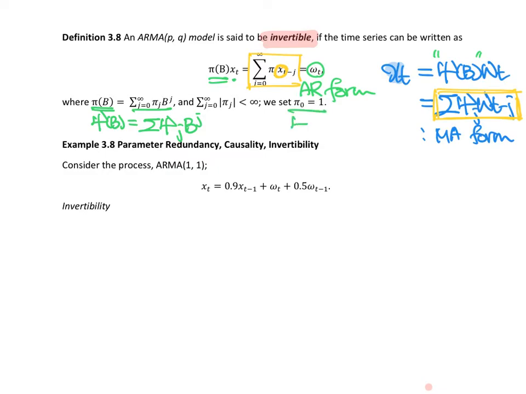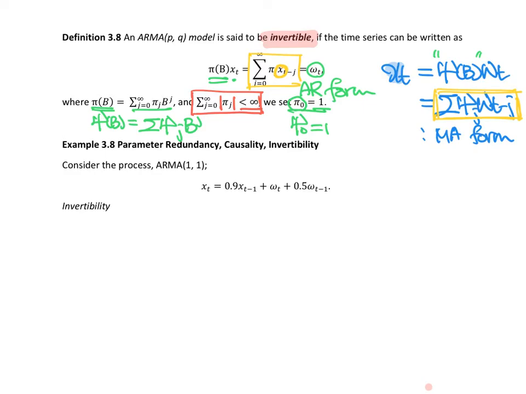Also big phi 0 was 1, and here pi 0 is 1. And the main thing is we have to check, be careful again, the infinite summation of the absolute value of pi j must be less than infinity.